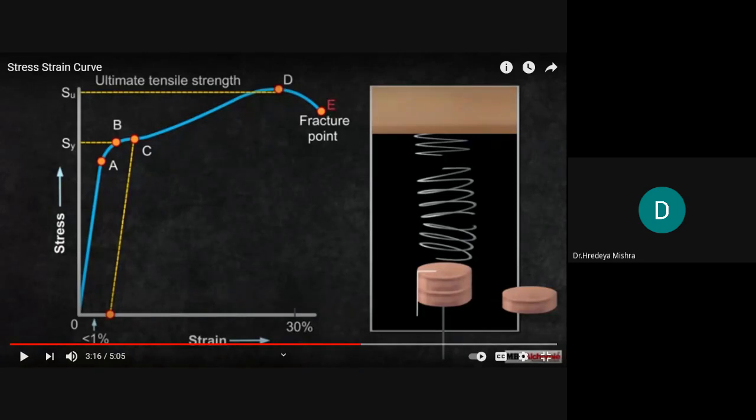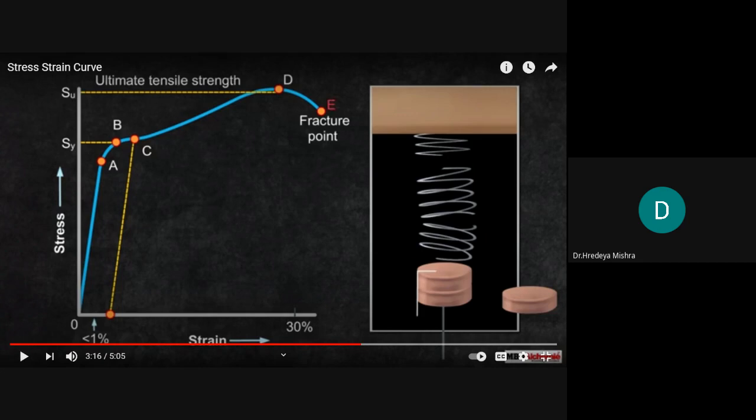If anyone can tell me, what is the ultimate tensile stress? The answer is, in the tensile test, the maximum tensile strength value is called ultimate strength.